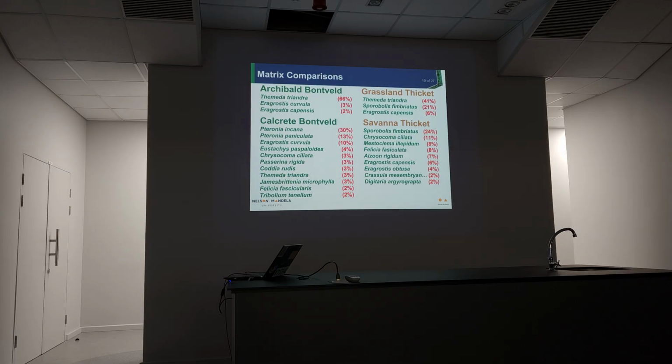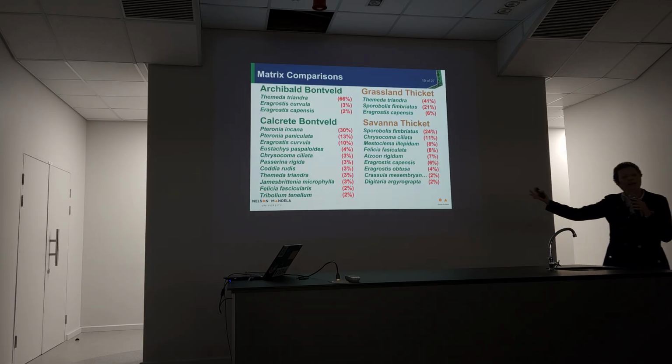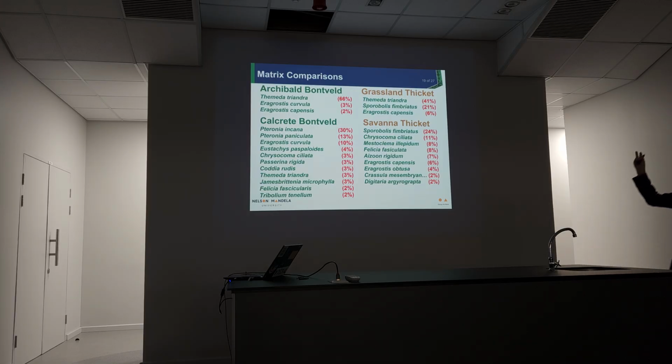Thankfully, Themeda triandra, which is rooigras, or a sweet, palatable grass, Sporobolus fimbriatus as well. But those are all grasses up there. So, highly diverse in the Bontveld and the Savanna Thicket matrix, not so much in the other two.